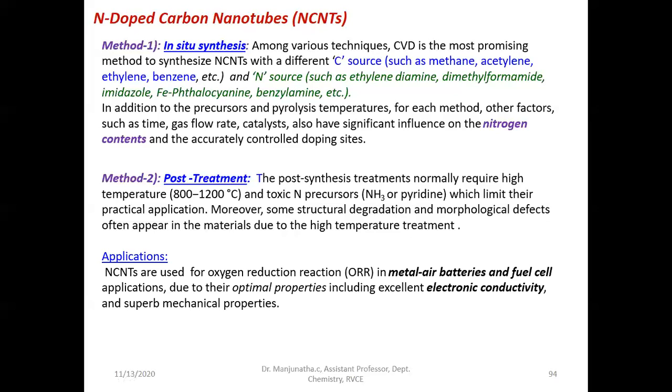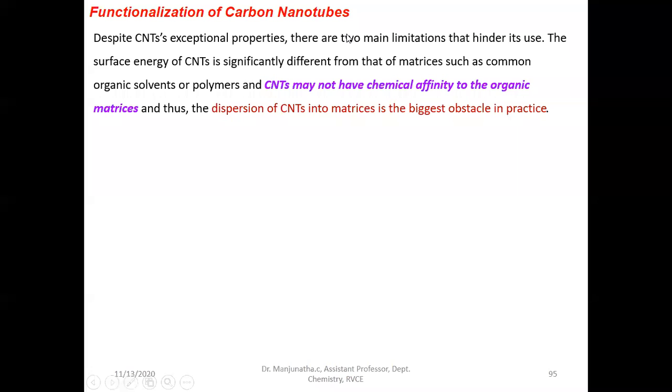Okay, next let us look at another aspect of CNT, converting a non-polar carbon nanotube into a polar carbon nanotube, that is by chemical and physical functionalization. Let us look at the functionalization of carbon nanotube.